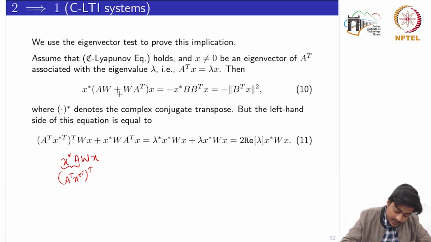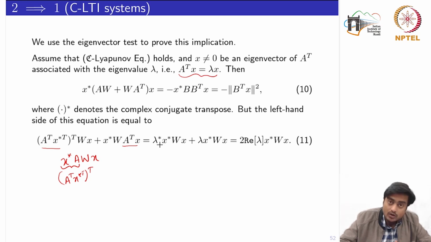Plus we would have X star W A transpose times X, which is equal to, now using this equation, A transpose X equals lambda times X. So I have replaced this part and this part by lambda times X. So here we would have lambda star X star, because lambda is an eigenvalue and it could be a complex number also, lambda star X star WX plus lambda X star WX.